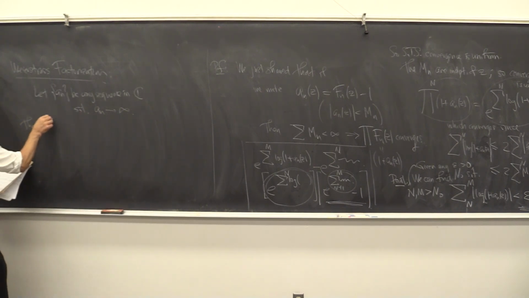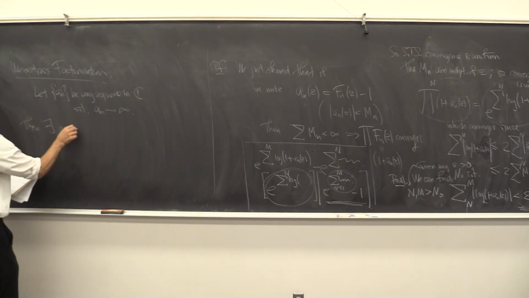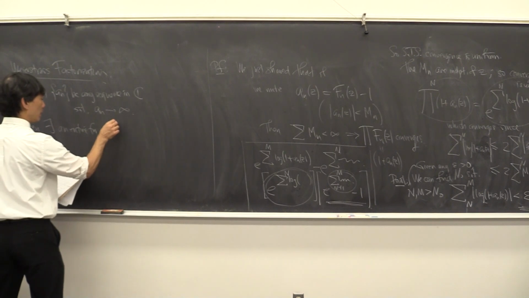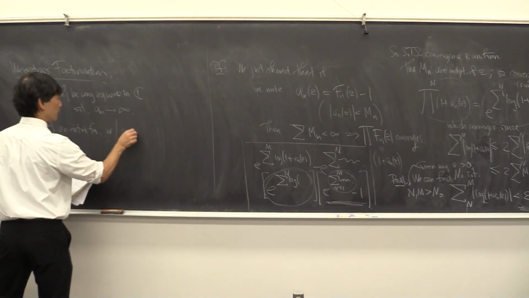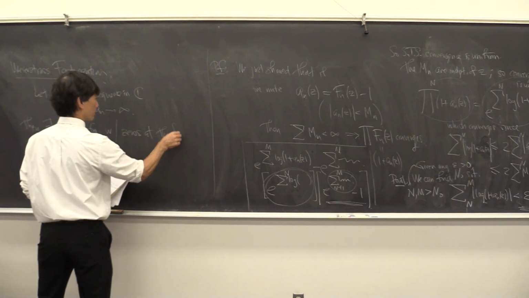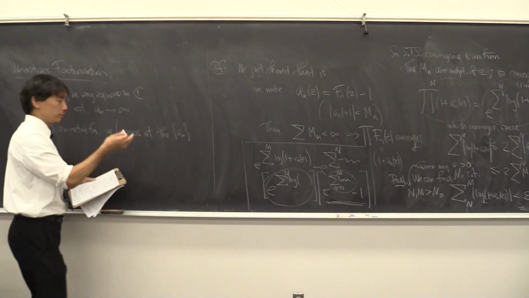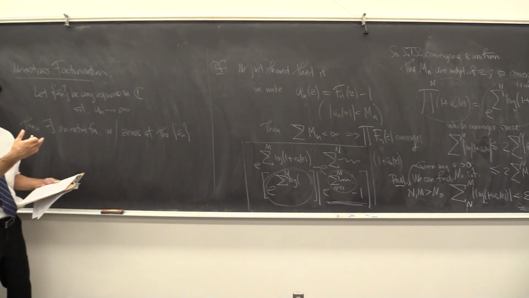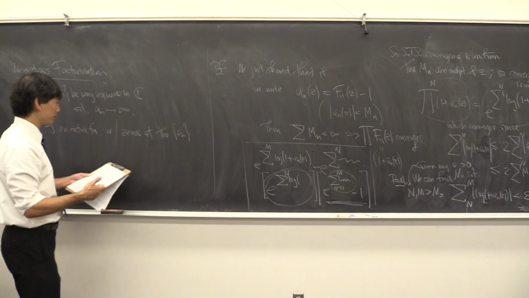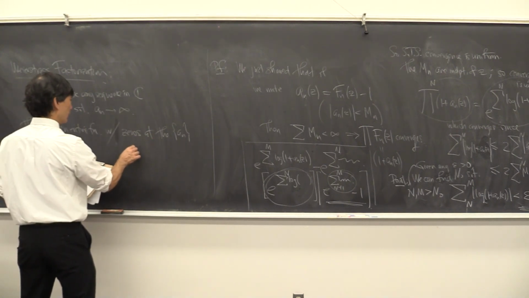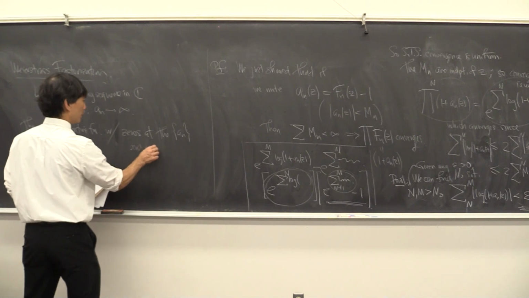Then there exists an entire function with zeros at the A sub n. Some of those A sub n are allowed to be the same, so you can make the multiplicity in that way. With zeros at the A sub n and nowhere else.